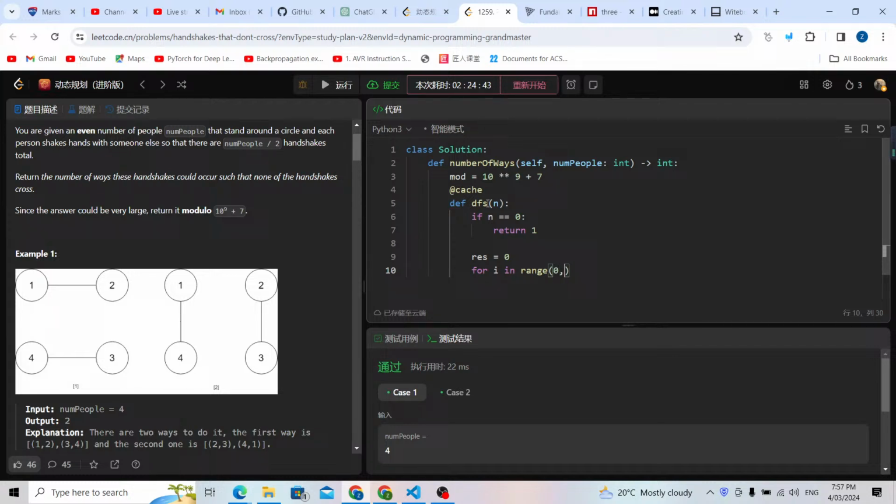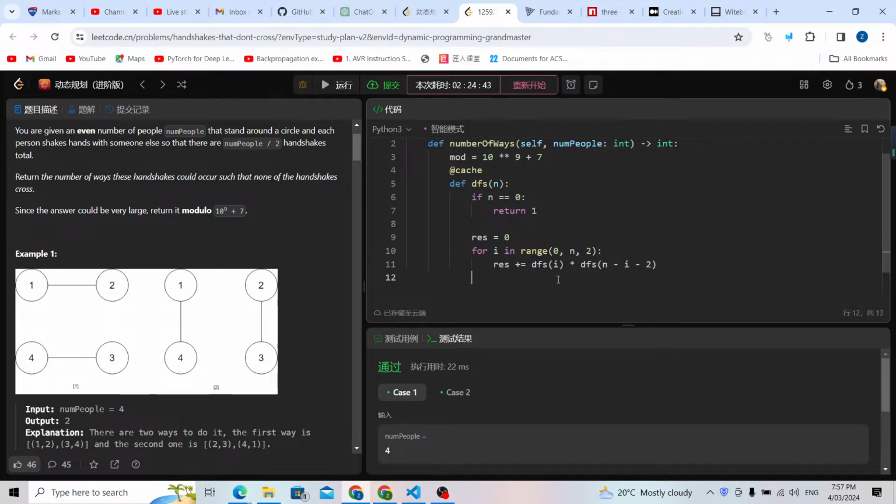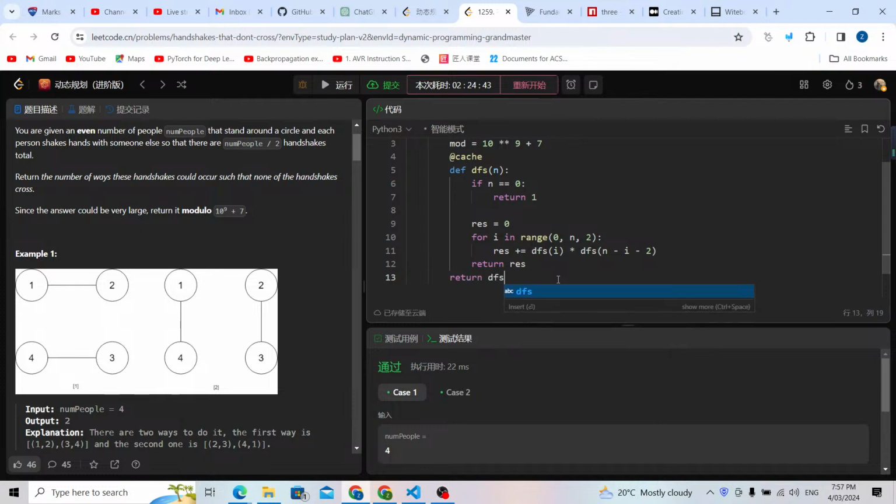So I can choose from 0 to n with a step of 2. The result should plus equal to DFS i times DFS n minus i minus 2. Finally, we return this result. And the answer is just the DFS with the number of people.